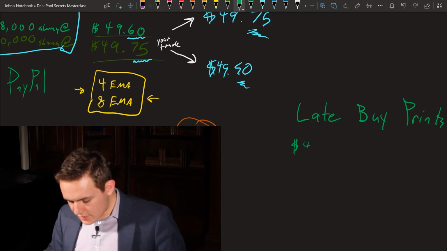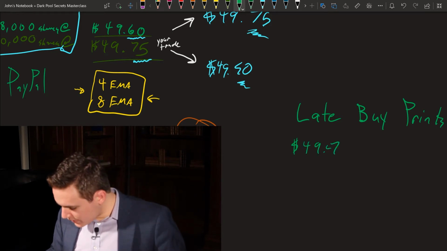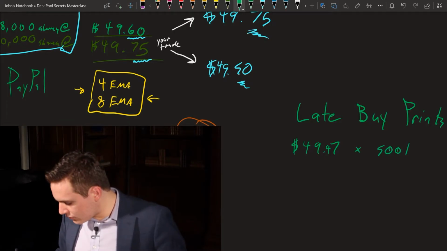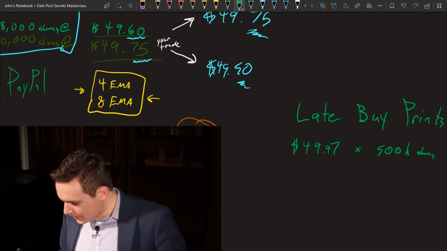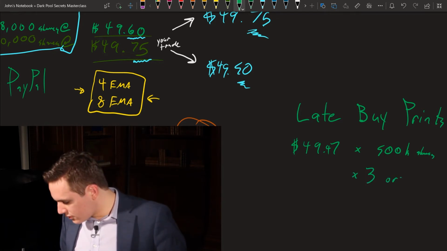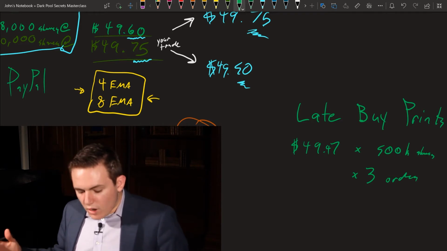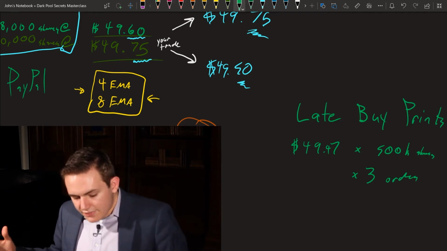They were dark pool orders executing at 49.47 when the stock was at like 51 bucks. These trades are executing at 49.47 times 500,000 shares, and there are 3 of these orders, which is like 1.5 million shares traded at 49.47, while the stock is at 50.85, right?